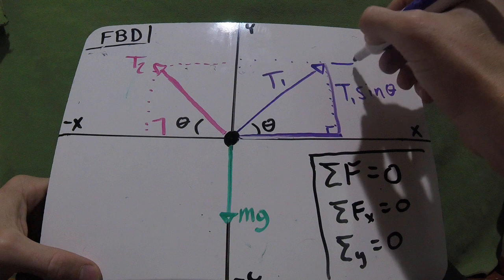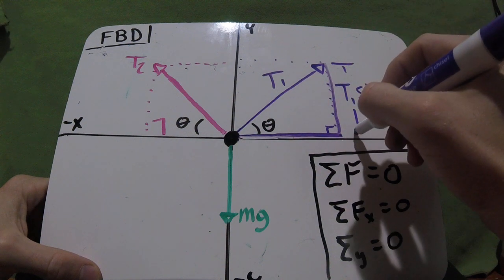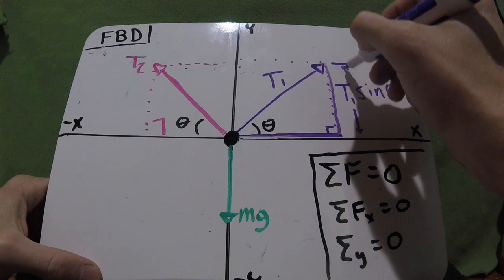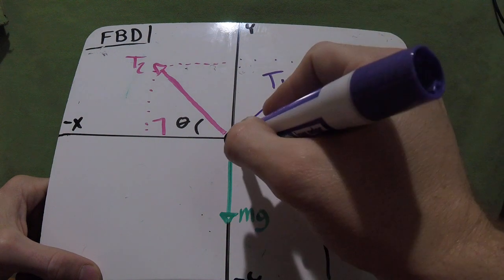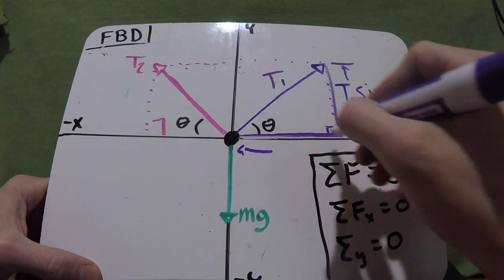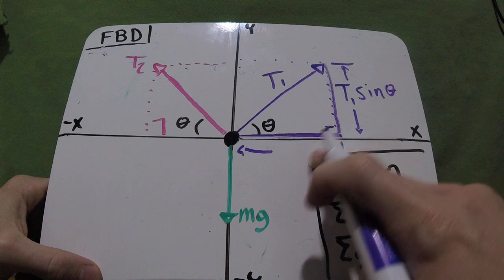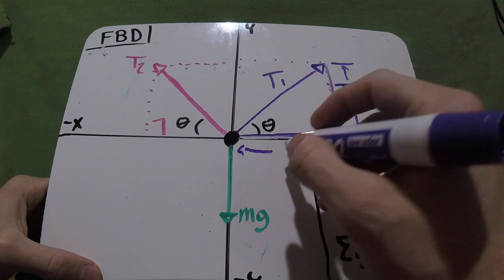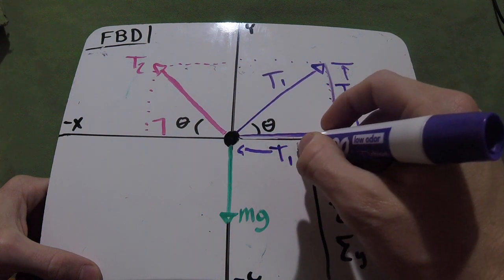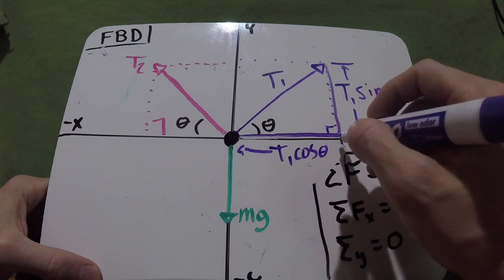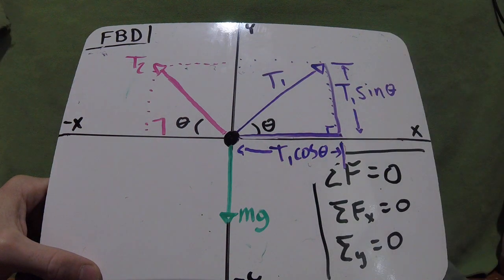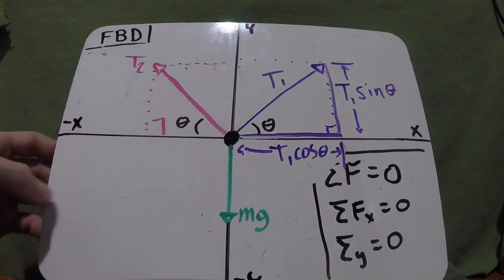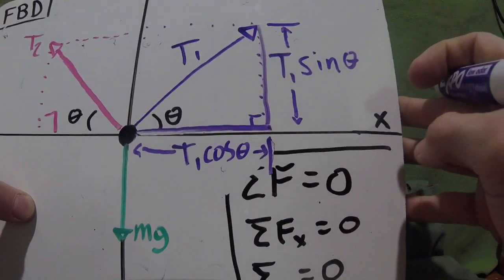And that's going to be the length from here to here. Okay? And then again, from here to here, you know what it means, is T1 cosine theta. Just like that. Okay, let me give you a better look at it.